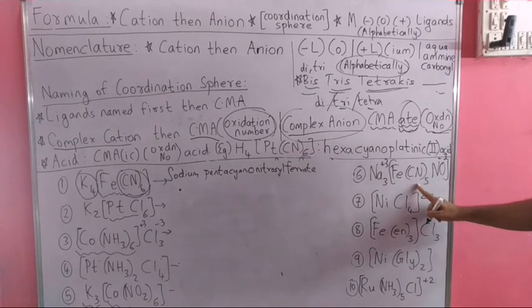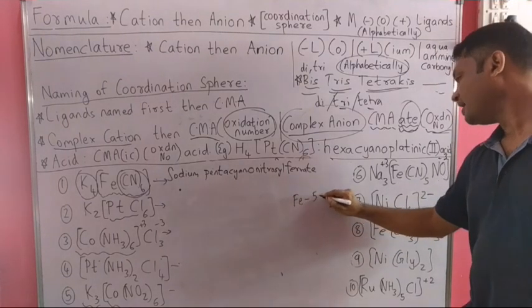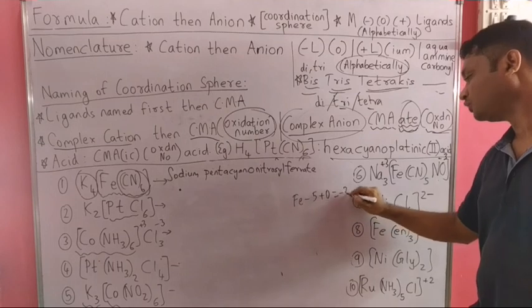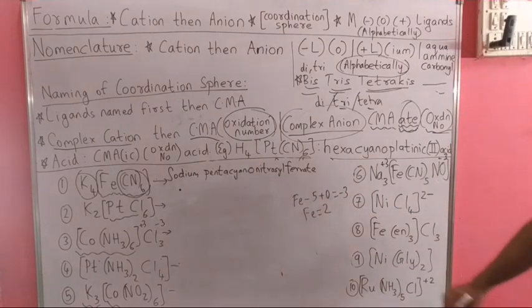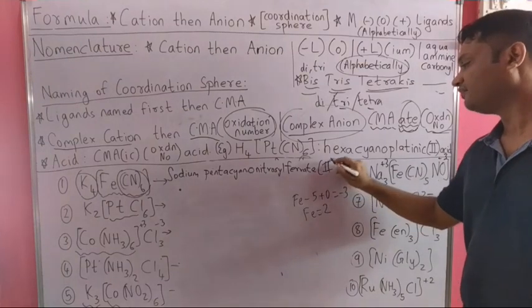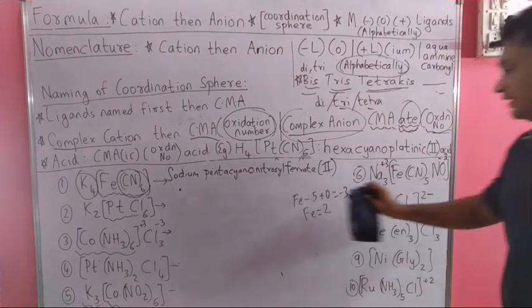So Fe, -5 for the cyanides, and nitrosyl has 0 charge. So we'll write Fe -5 plus 0 is equal to -3. So Fe will come out to be 2 in this case. So after ferrate, in brackets, we will write 2. So this is how we'll name the compound.